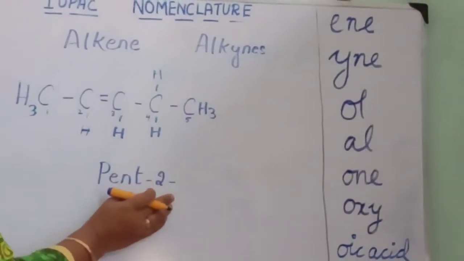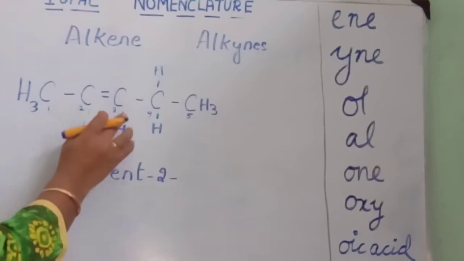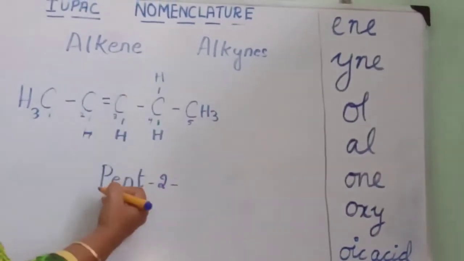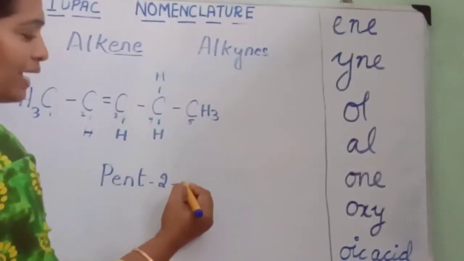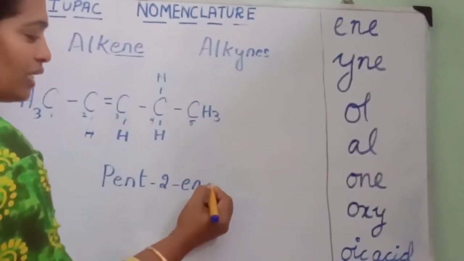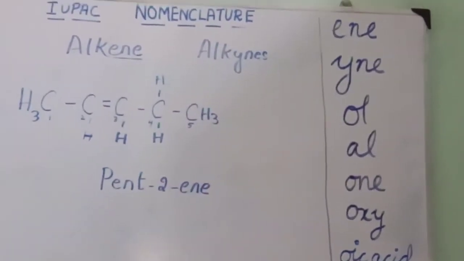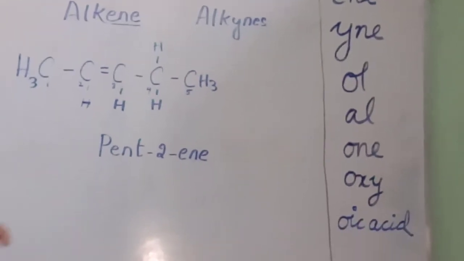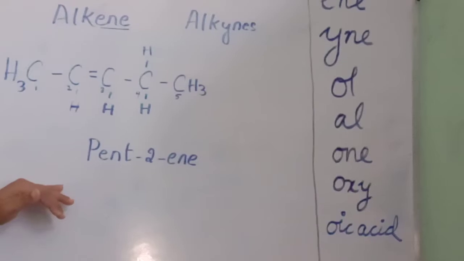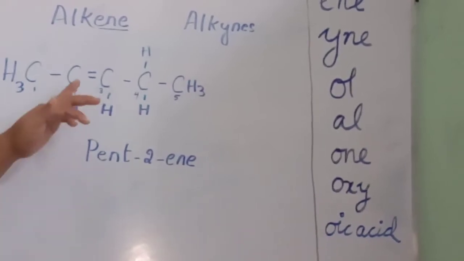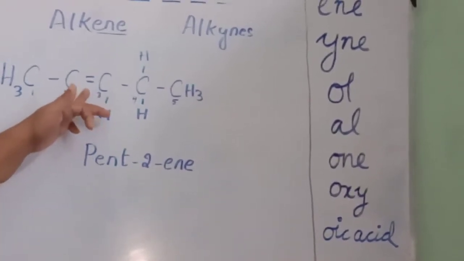The suffix here gives pent-2-ene. Why is this compound pent-2-ene? Because the second position should be given to the double bond.